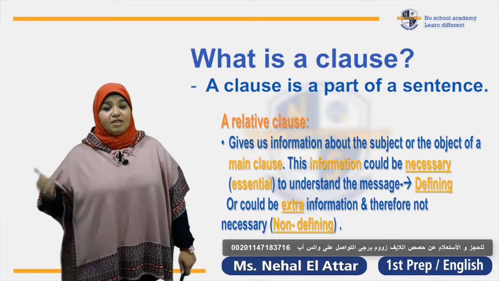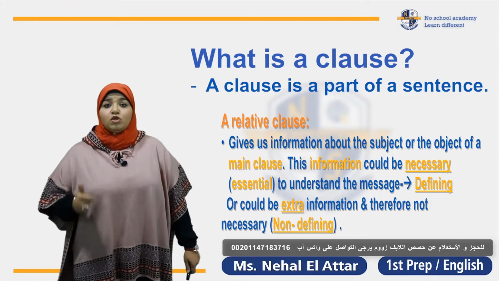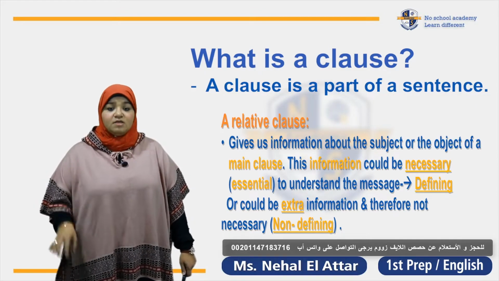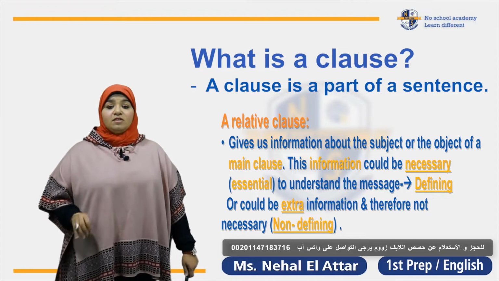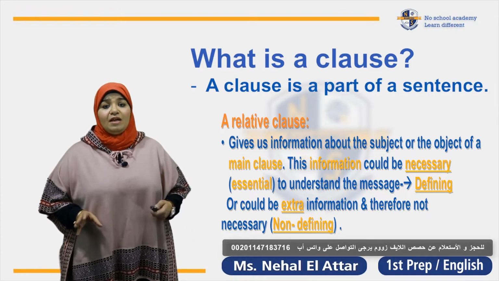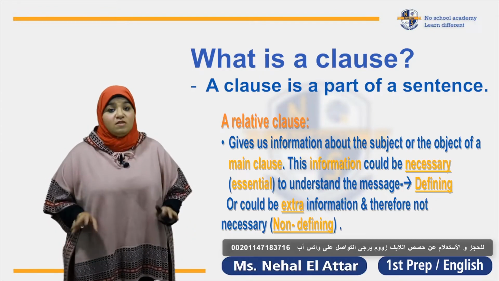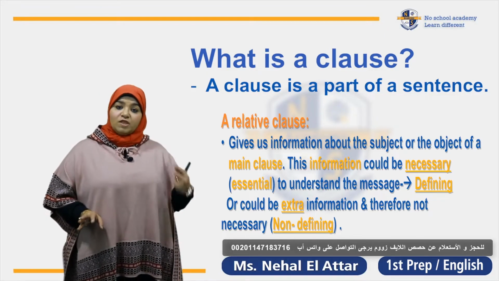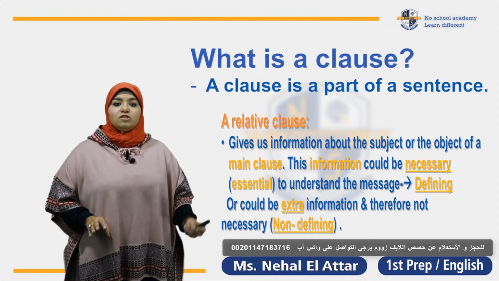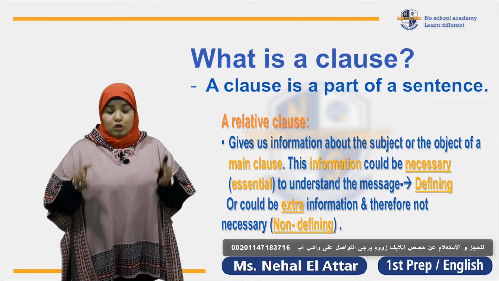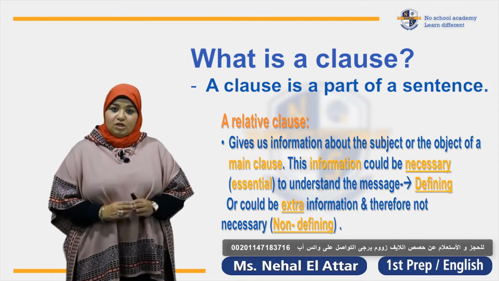So again, it gives information about the object or the subject of the main clause, the meaningless one, and the information may be important or necessary or essential. So this is one type of the relative clauses, which is called the defining relative clauses, and this is the main issue of our session today.